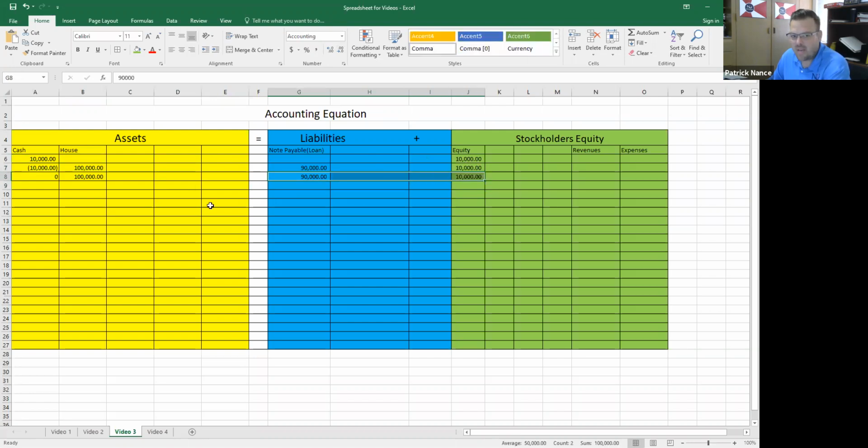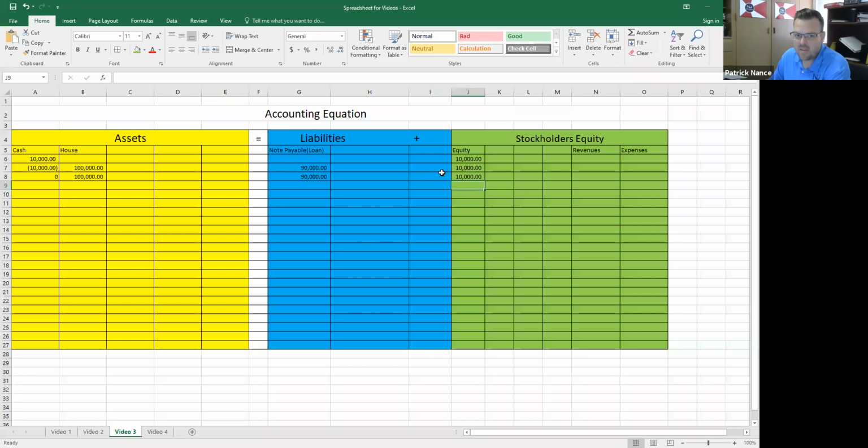And every time I make a payment on the house, my note payable would go down and my equity would go up. Every time I make a payment, the amount I owe goes down and the amount of equity goes up. So if I made a $5,000 payment, this would go down by 5,000, this would go up by 5,000, and I would still balance.